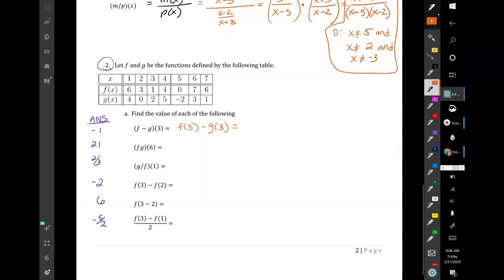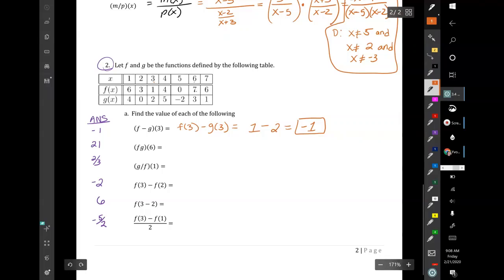So if I find 3, that's my input is 3. My output is 1 for f of 3. If I have a 3, my g output would be 2. So it's different. And that gives me negative 1 for my answer. f times g of 6, I'd have to find the 6 for my x value.